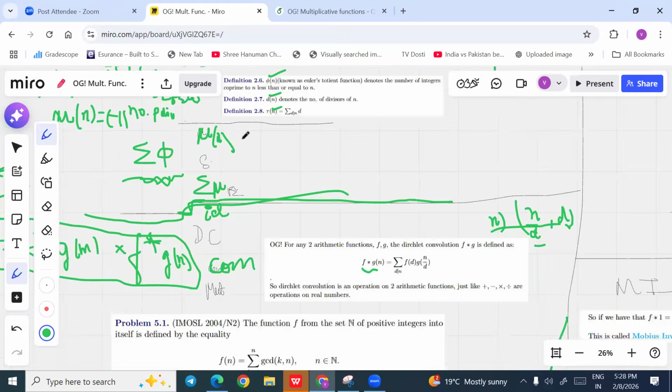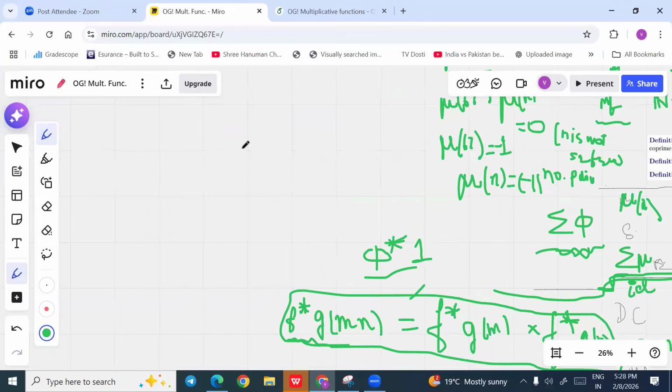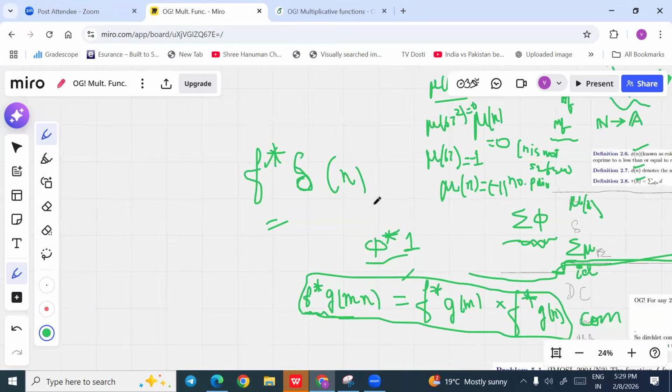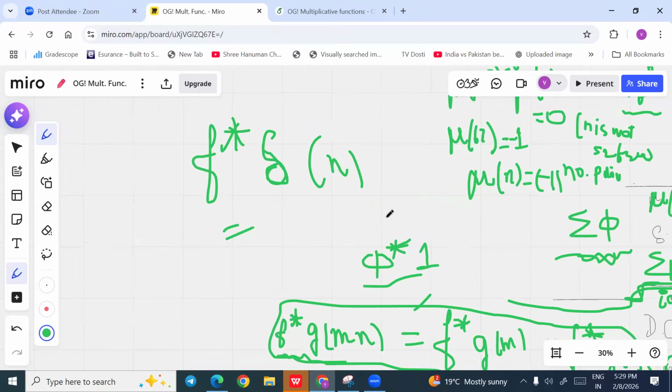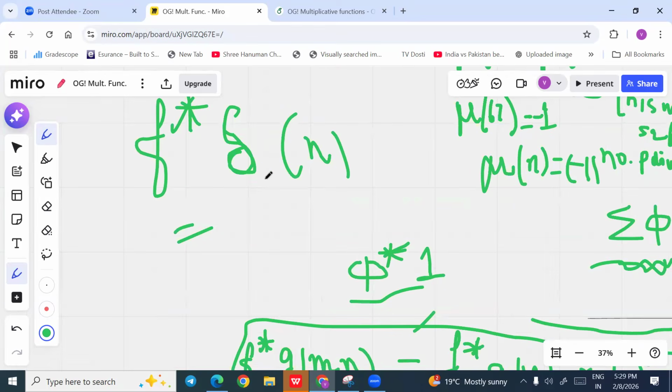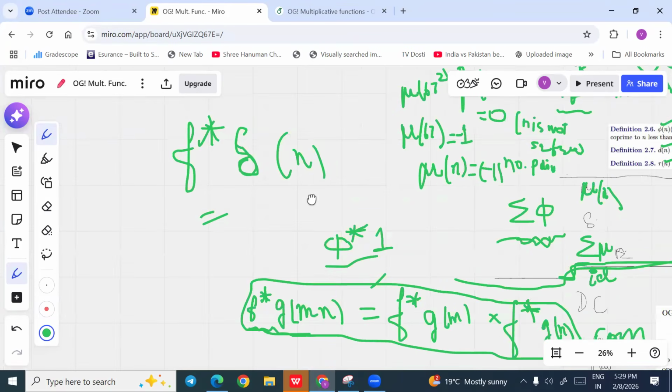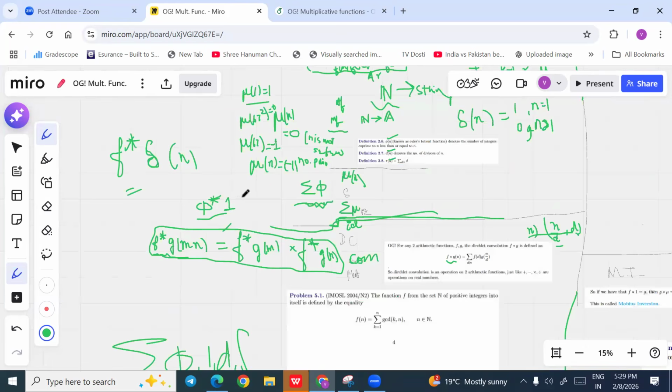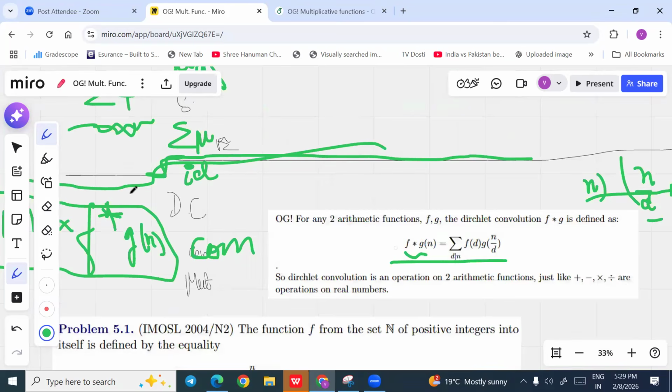Okay, can anybody answer this? Let's say f of n is a function, and what should this function be, where this is the Dirichlet delta function? Look at the definition and you'll get it.